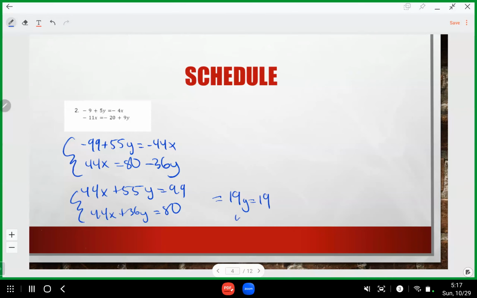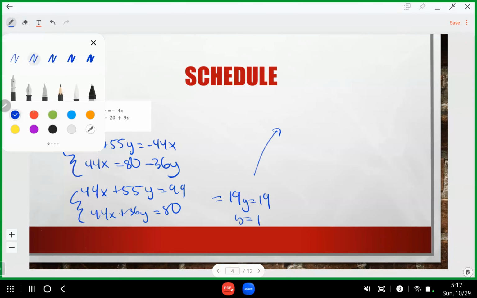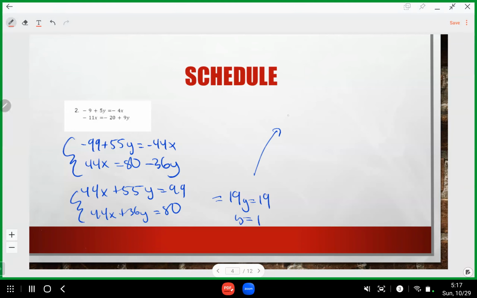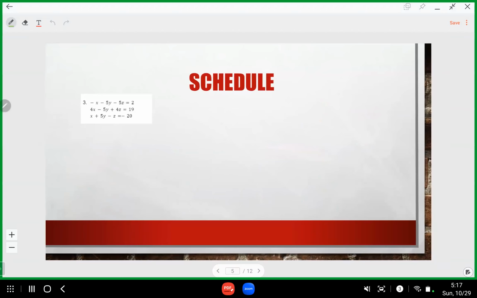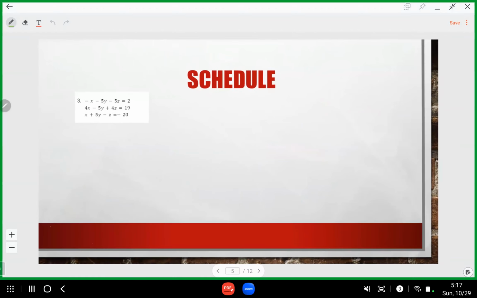So y is equal to 1. And if we plug it in, x is also equal to 1. So both are equal to 1. The answer here is 1, 1. Very good. Nice numbers today. Now the hard one. Well, not really hard, it's just tedious.